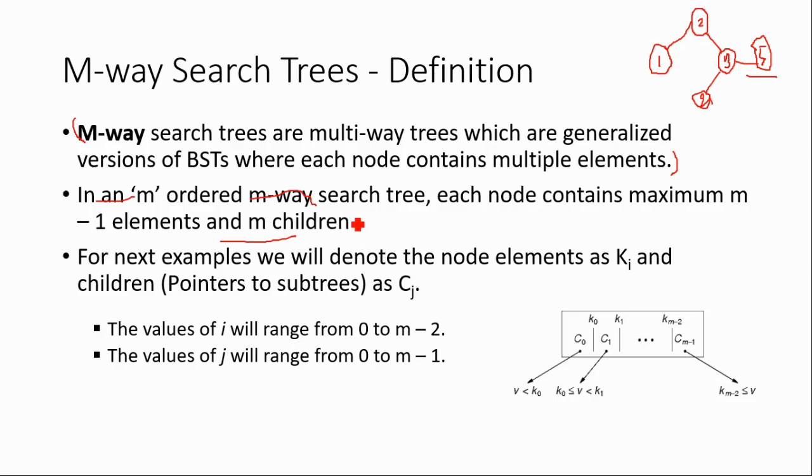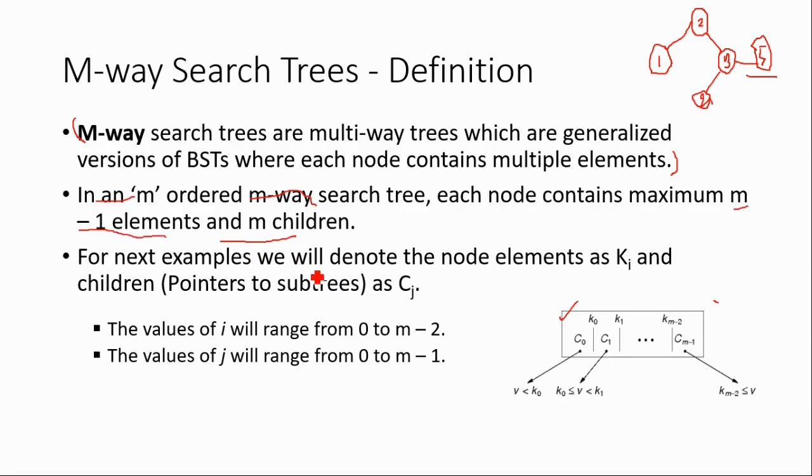So when we say that it is an m search tree, the order of that m search tree is m, and there will be m children for a particular node in the tree, means m number of maximum children will be present in a node, and the maximum number of elements that can be stored in a node will be m-1 elements.